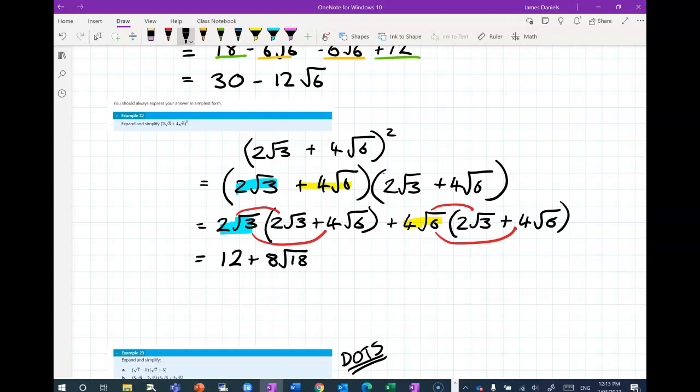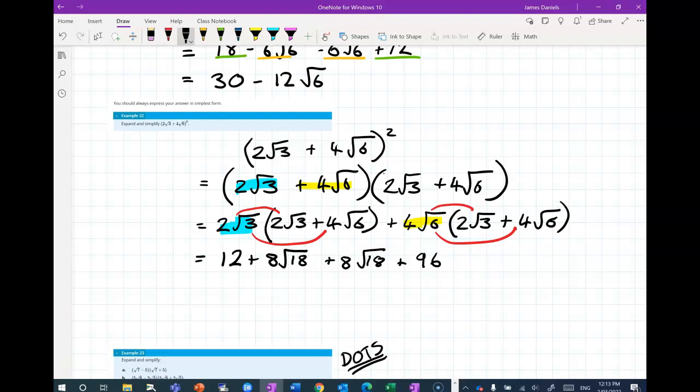4 root 6, 4 times 2 is 8. Root 18 again, that's the 6 times the 3. Plus 4 times 4 is 16. 16, root 6 times root 6 is 6, so we have 16 times 6, which is 96.